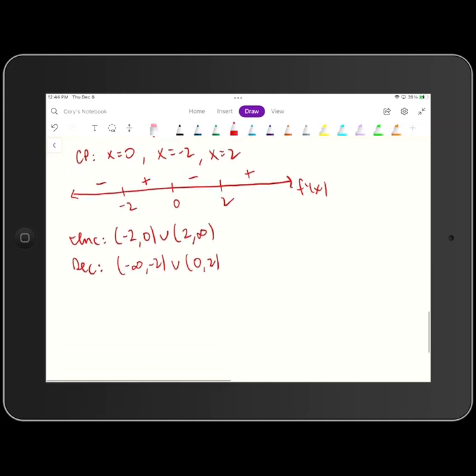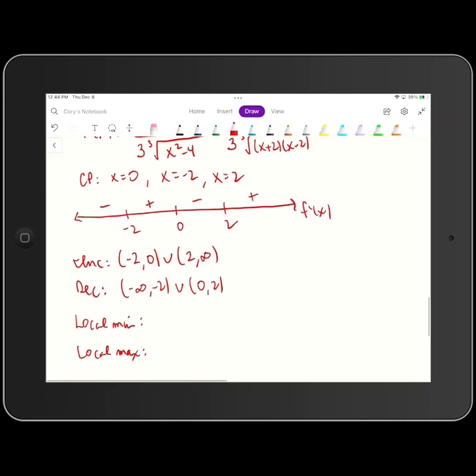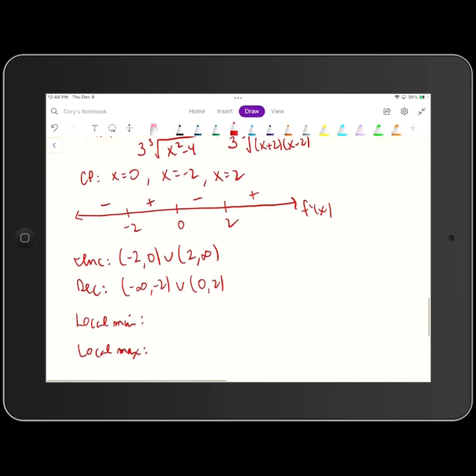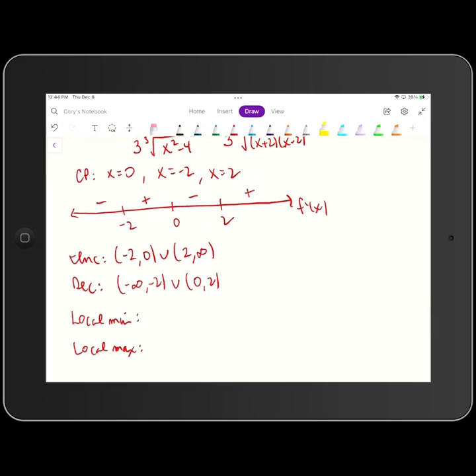And then for the local extrema, our function is going to have a local minimum where the derivative changes sign from negative to positive. So that happens at -2, and it also happens at 2.